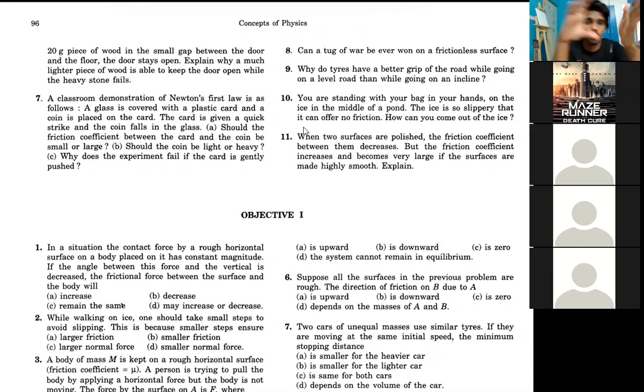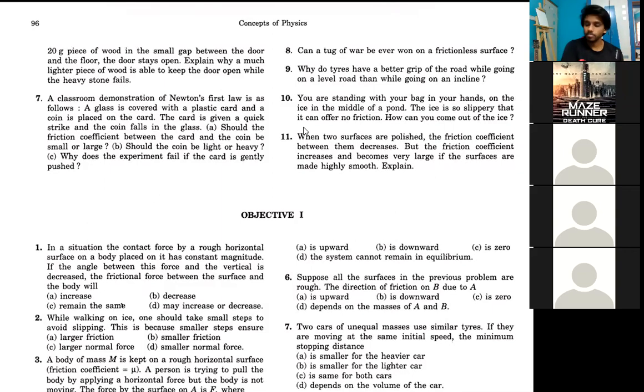If you just put a raw block in front of the door, the normal force is not good enough. It's a half kg block, so the normal force is very little and the friction it offers is very little. But if you put something between the door and the floor, the force from the door itself is getting converted into normal force, which provides the frictional value. That is the important idea.